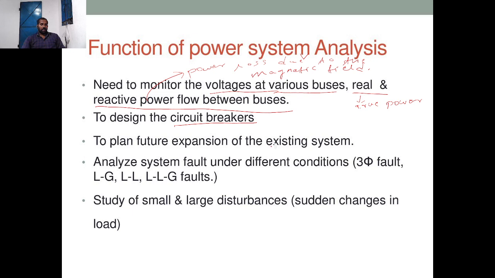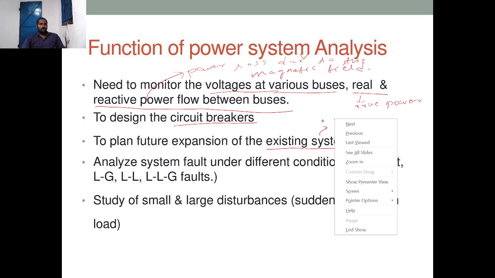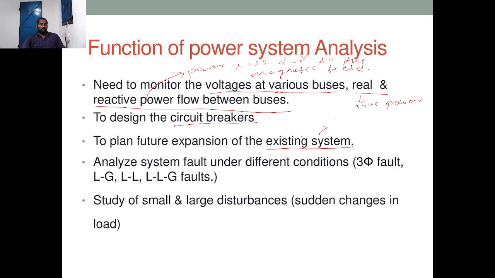The existing power system may be small in size. If I want to increase the size of the power system, when will that happen? When the demand increases, the power generation needs to increase, right? So when the demand increases, the power generating capacity will surely increase.